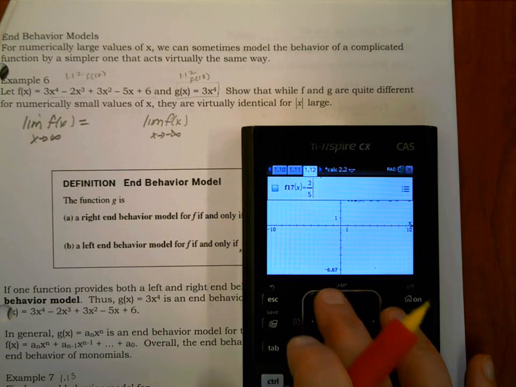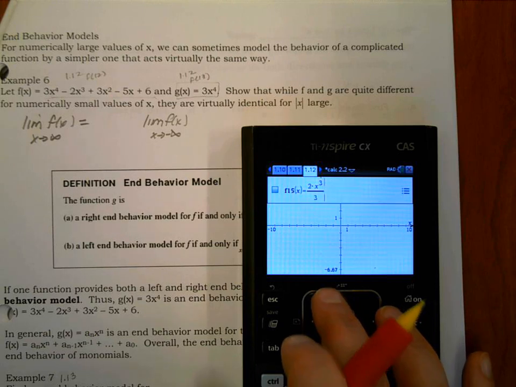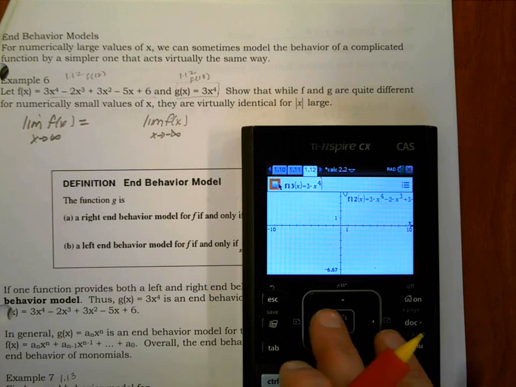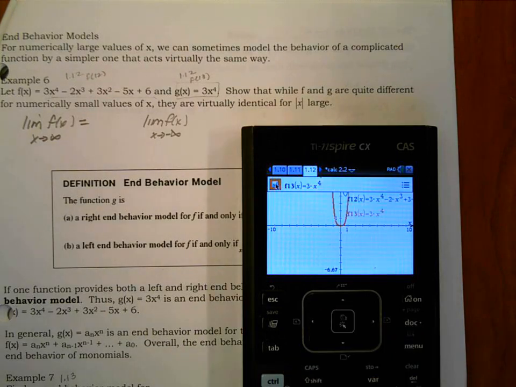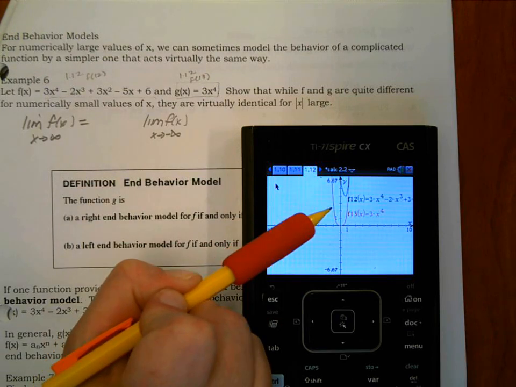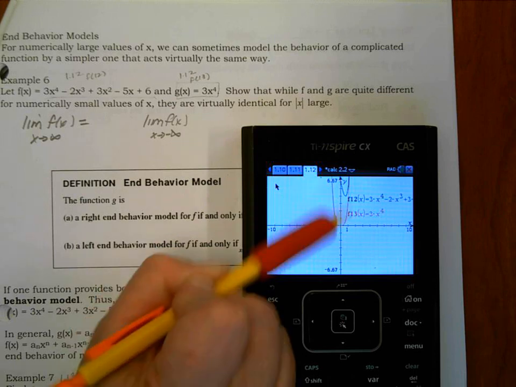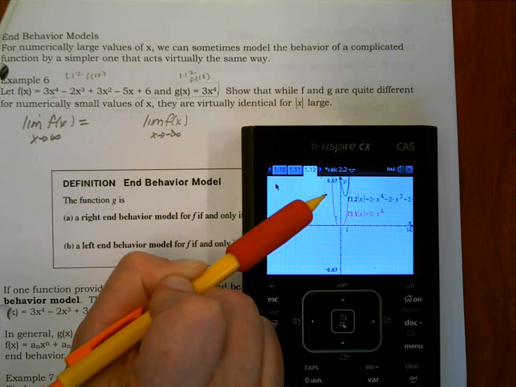Let me turn on the graph for just this 3x to the 4th. I just want you to see the end behavior of them are the same. The green one is the original, and then this is just the leading term. I know the graphs are a lot different, but you see that the end behavior is the same.